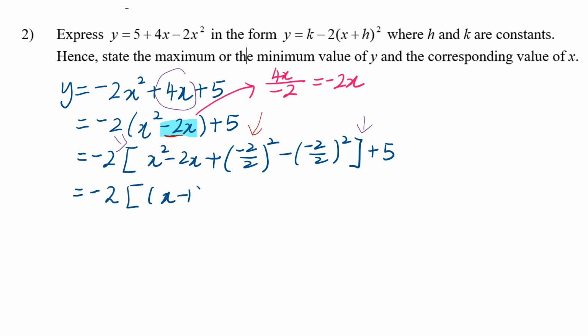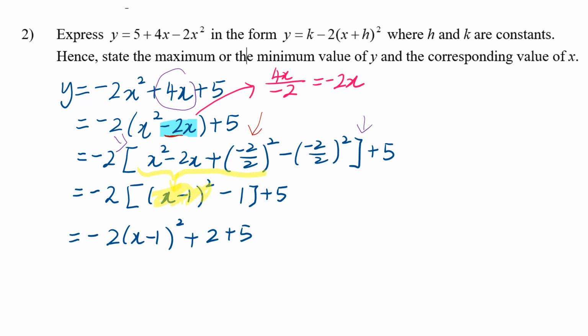The next step is these three terms here will collapse into this term here, and this you can just work out. Negative 2 divided by 2 is negative 1. Negative 1 times negative 1 gives you 1. That explains how you get the 1 there.